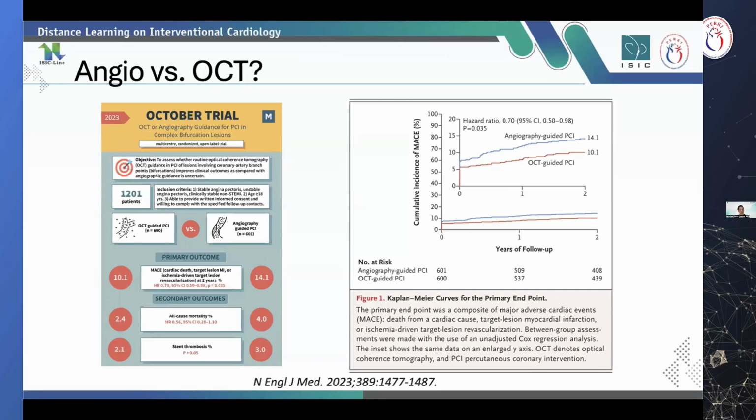In the secondary outcomes, all-cause death was numerically lower in the OCT-guided PCI group, and there was a significant difference in stent thrombosis.